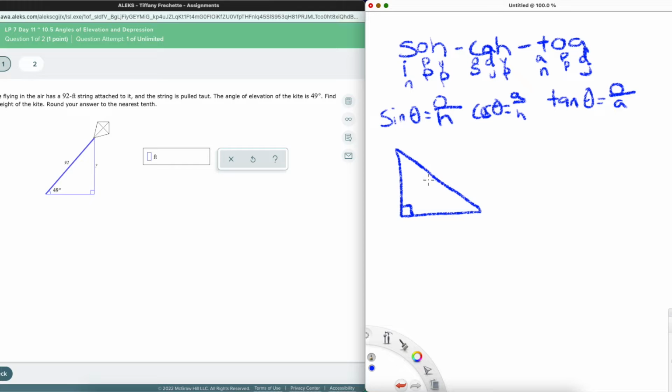So if I have A, B, C, then usually we just label them A, B, C. The sides opposite are lowercase. This is a, this is lowercase b, and this is lowercase c, like that. So we usually have capital letters for the angles and lowercase letters for the sides. It's just a way of labeling it.